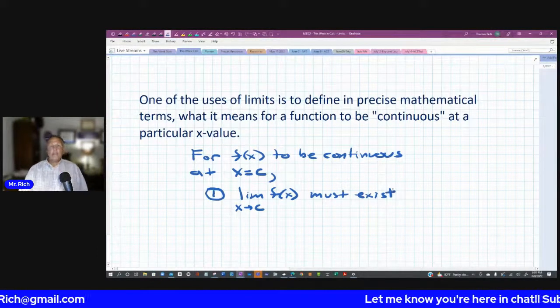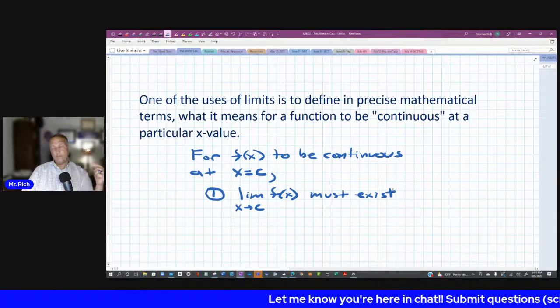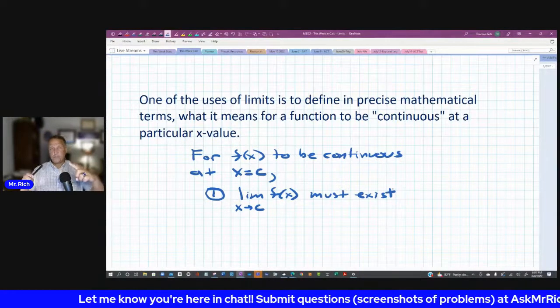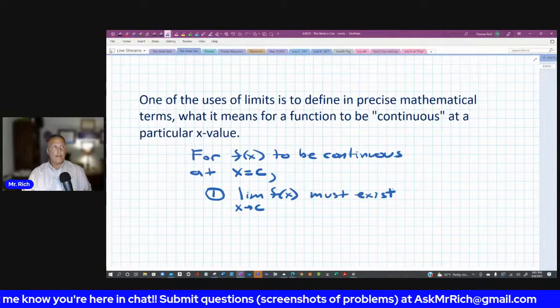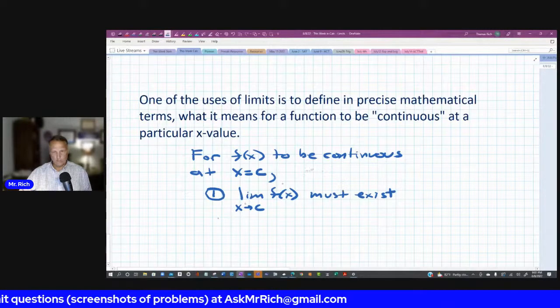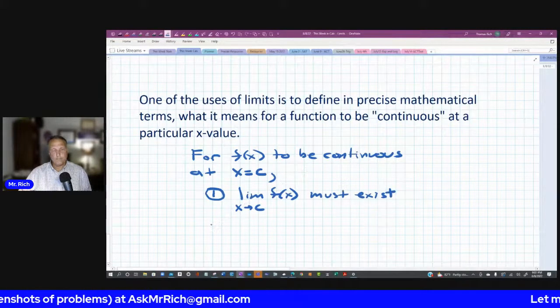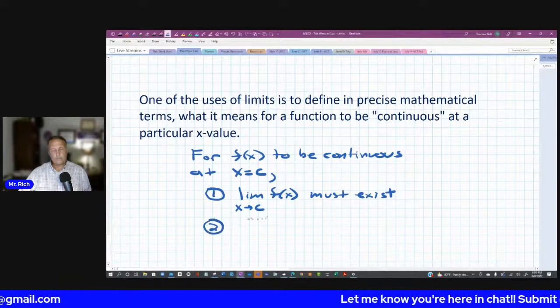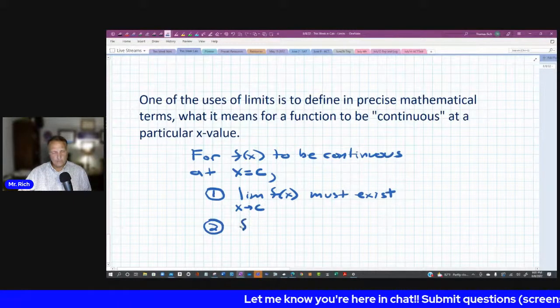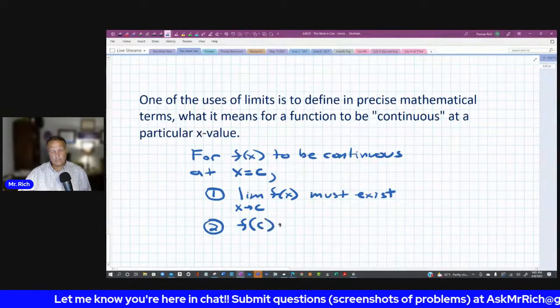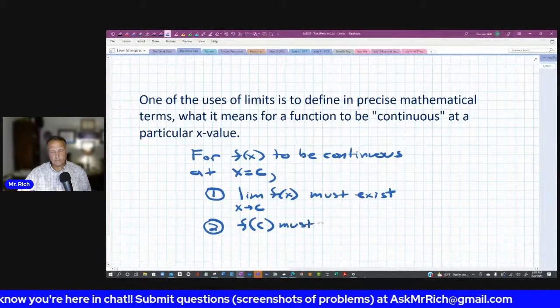That means that from both the left and the right-hand side, the function must be getting close to a particular y value. All right, so that's the first requirement for a function to be continuous. Number two, f of c must exist.